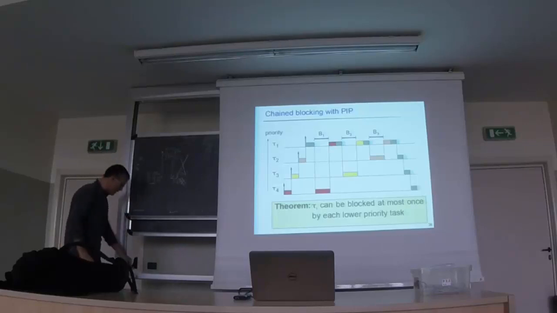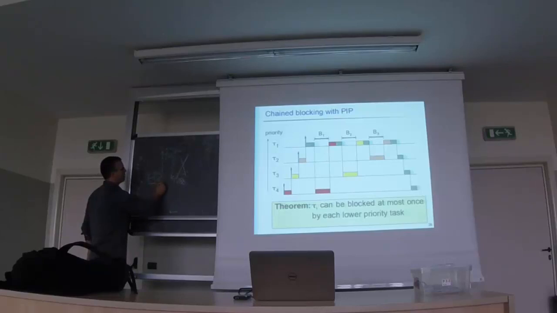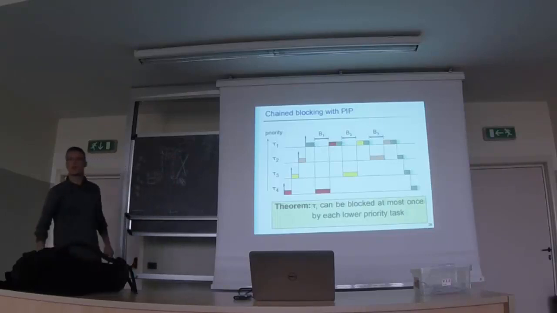Note that this is compatible with priority inheritance because here priority is low, here priority increased, here the priority is inherited, but this does not help avoiding the deadlock. It's already too late to avoid the deadlock, okay? I inherited the priority, but that was not sufficient.